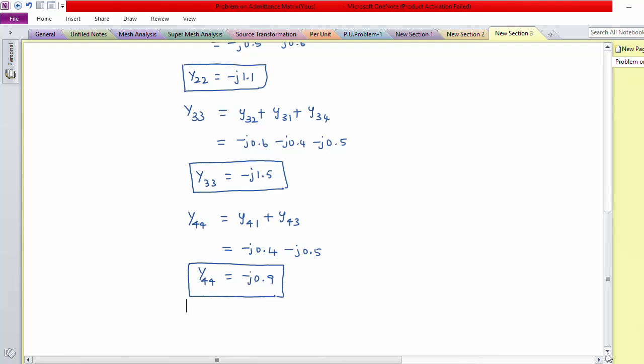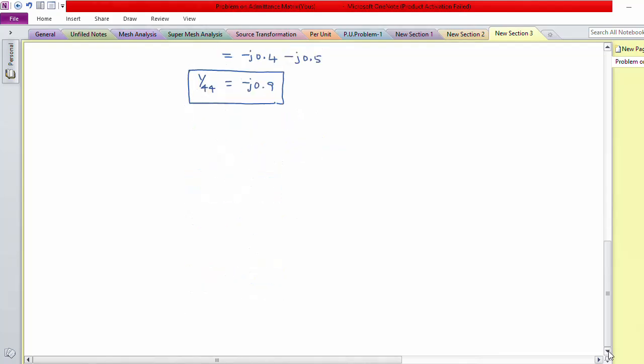Now we have to determine off diagonal elements. y12 equal to minus small y12. The admittance value of line 1 2 is minus j 0.5. So minus of minus j 0.5, you will get y12 equal to j 0.5.